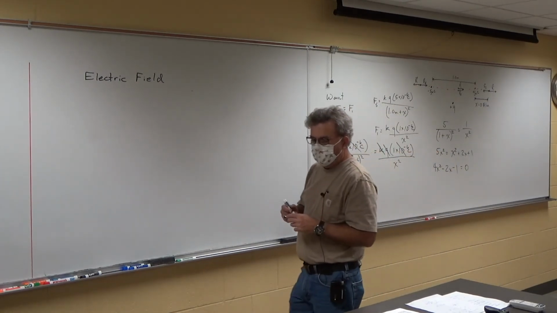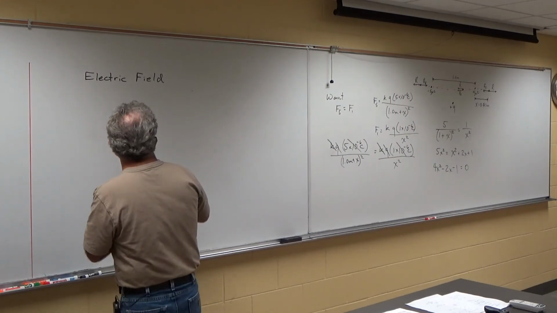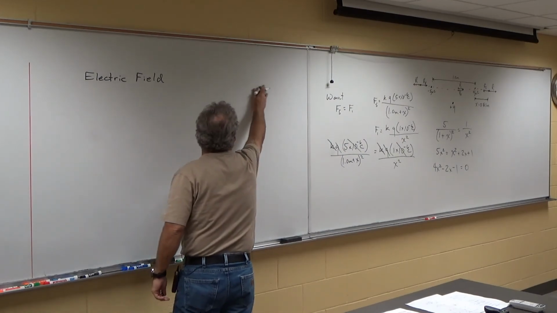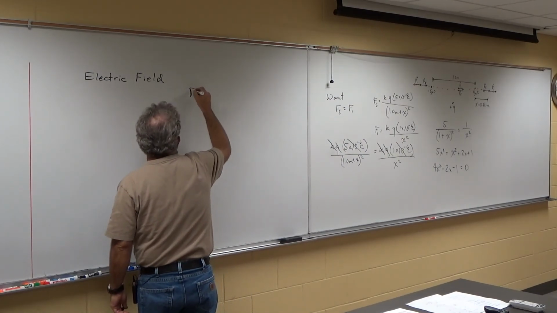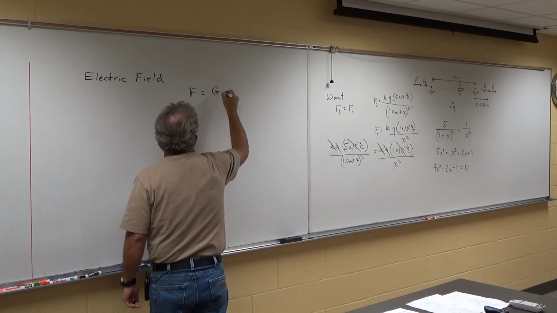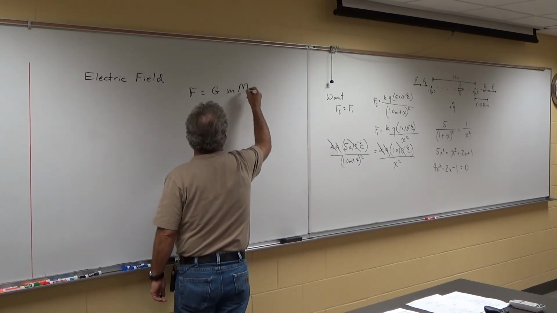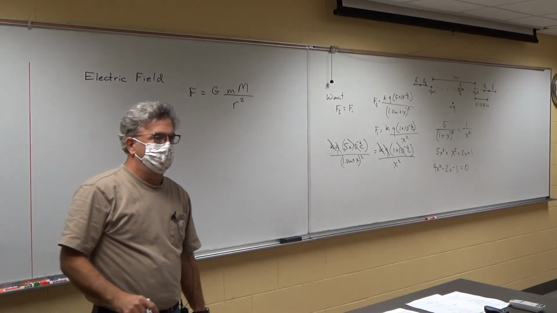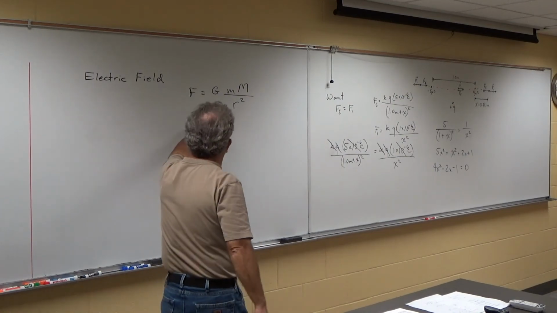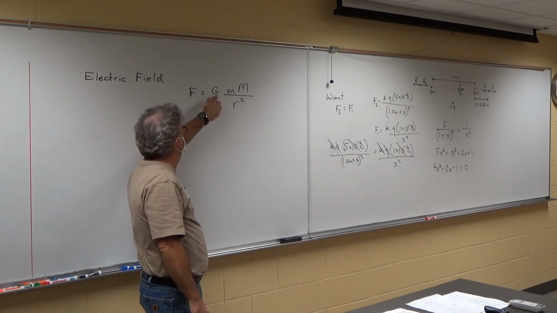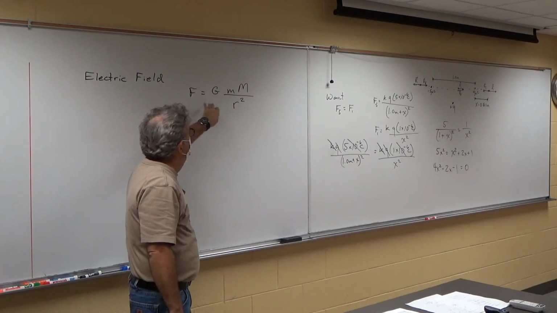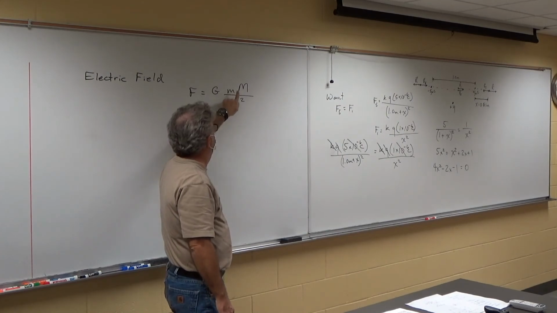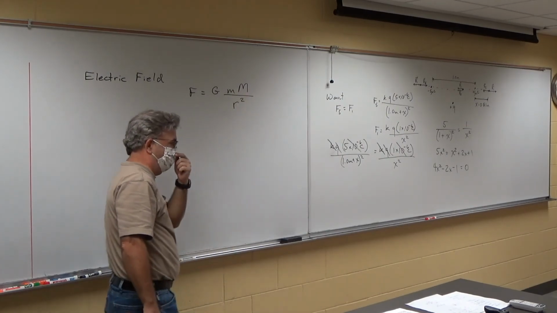So let's think about the gravitational field, even though we didn't talk too much about it, but I think you can formulate an idea. Here's Newton's law of universal gravitation. It's an inverse square law just like Coulomb's law. Big G is a physical constant that makes this work out in newtons.